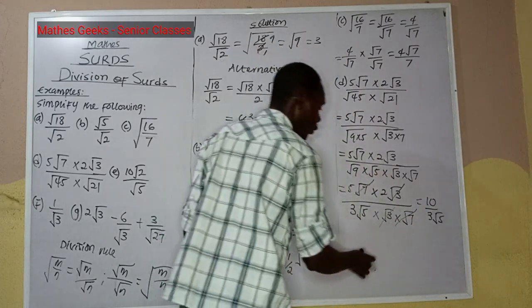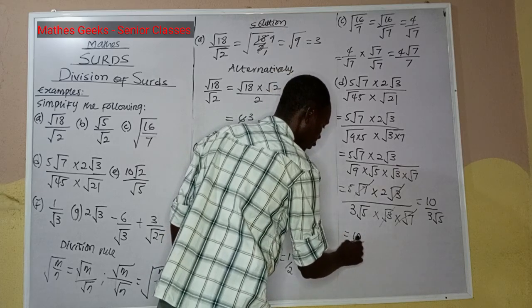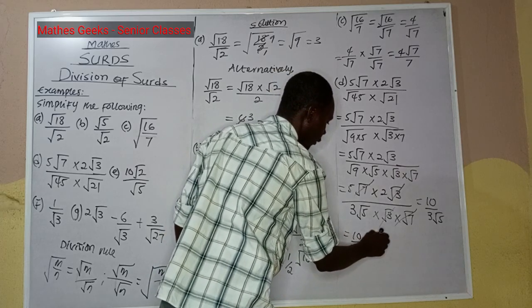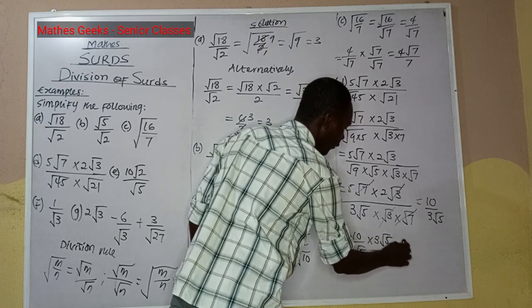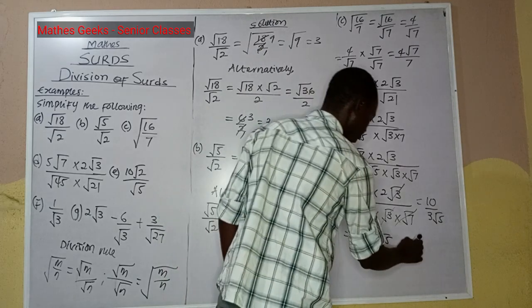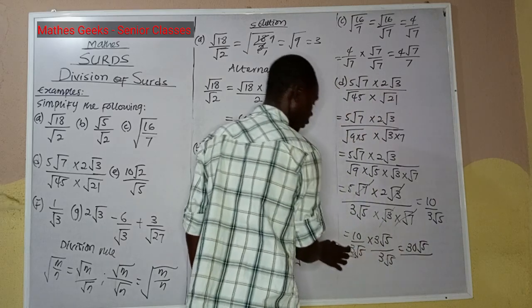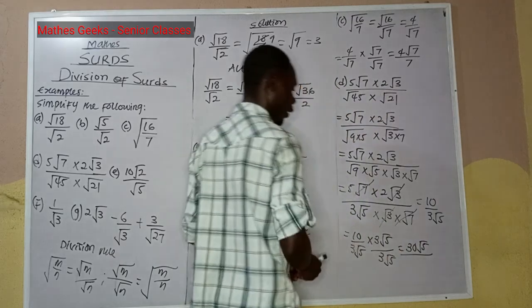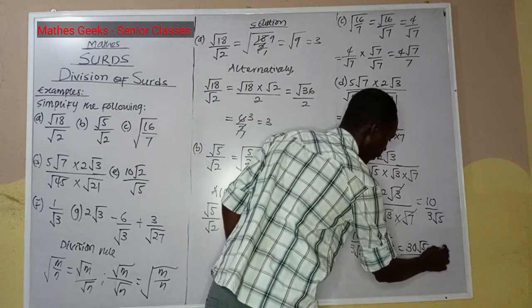So I'm going to rationalize the denominator. So this will give me 10 over 3 root 5 times root 5 over root 5. So 10 times root 5 is 10 root 5. And this will give me 3 times 3 root 5... root 5 times root 5 is 5, so 3 times 5 will give me 15.